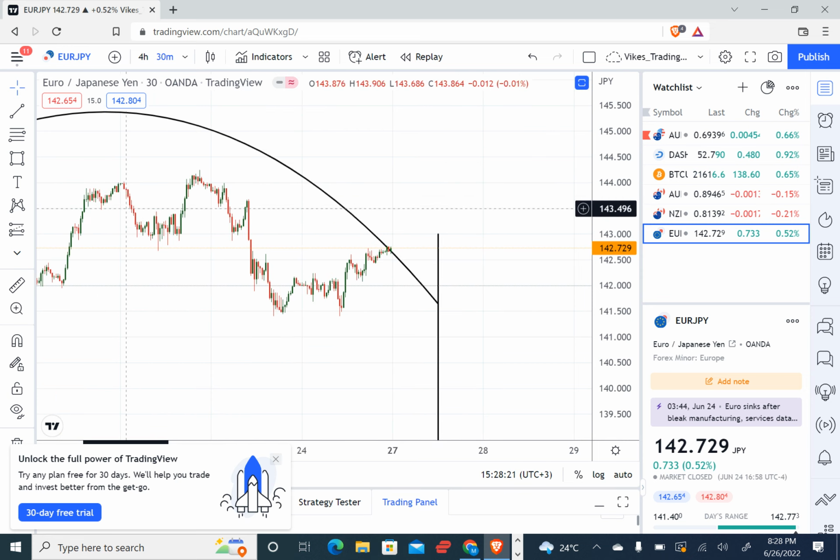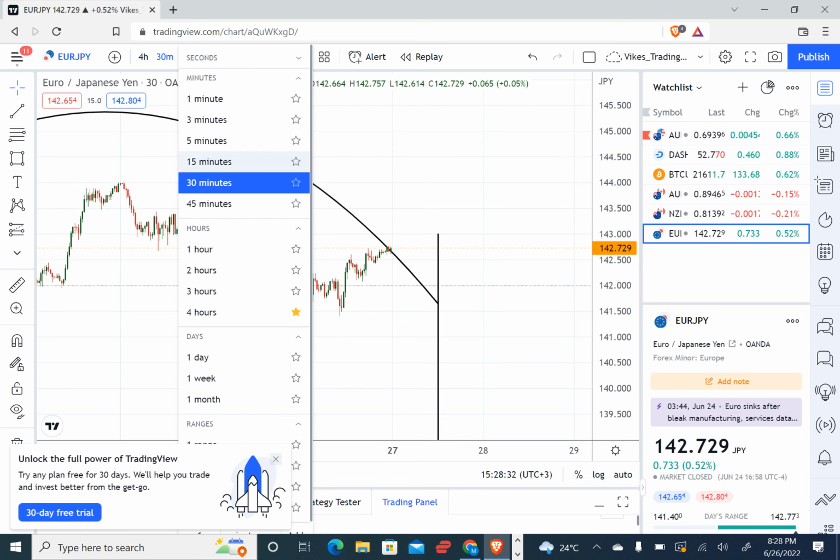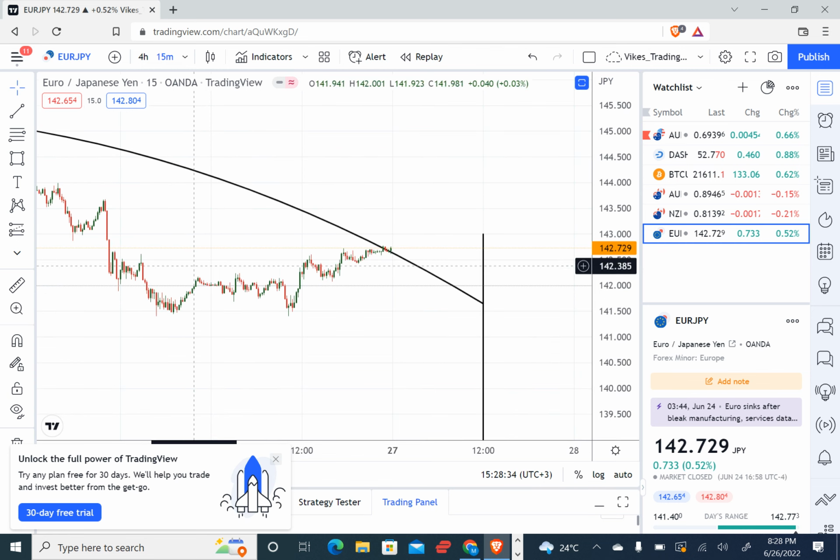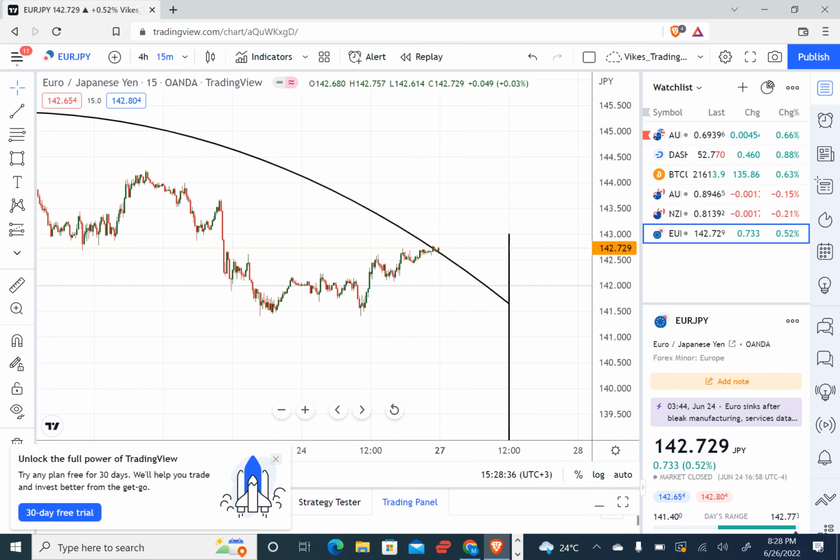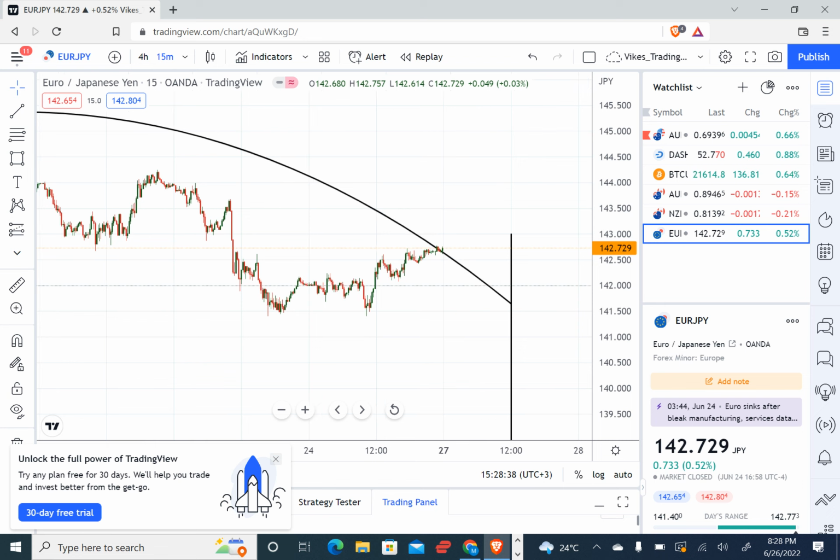This is another double top, which I gave around this place, of which the target was here. I have explained. Let's see now the lower time frames, 15 minutes. I've explained.